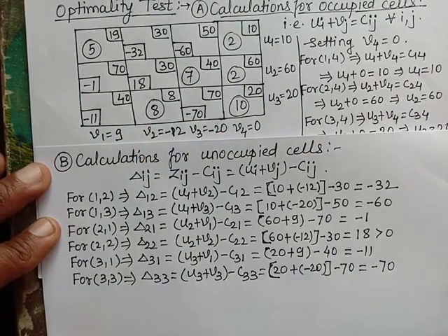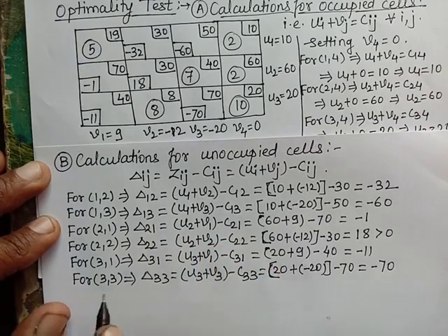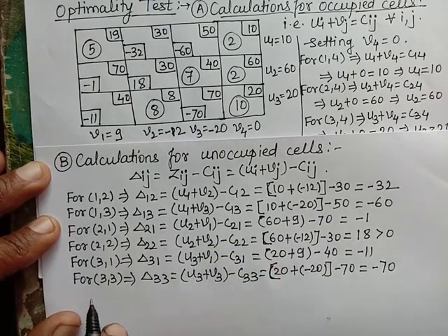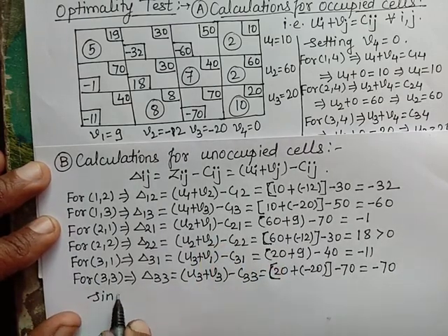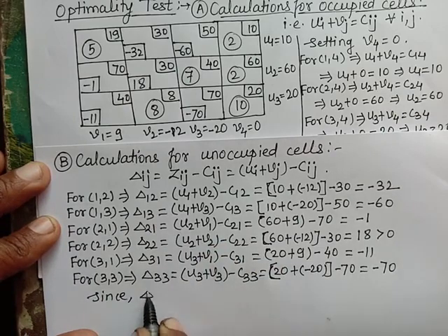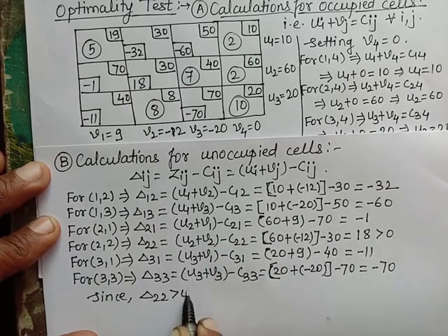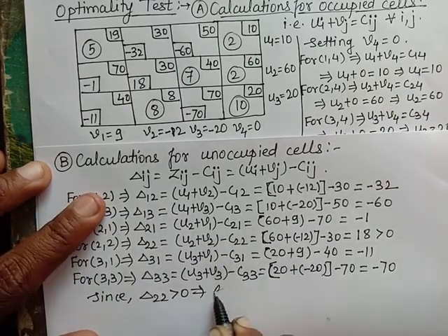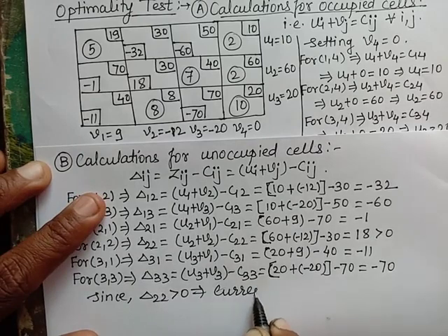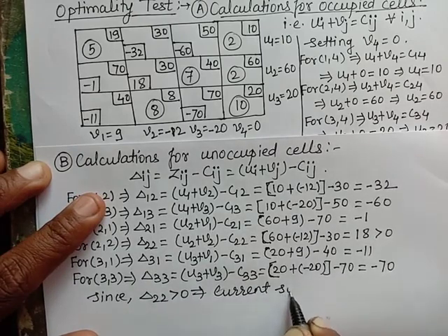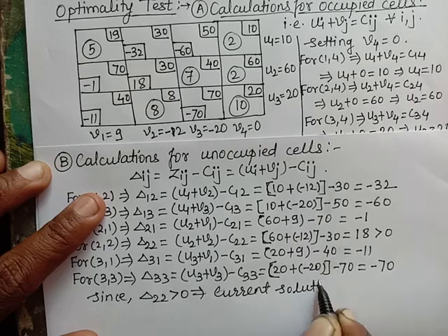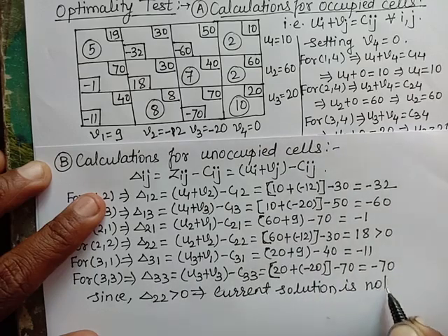Okay, now we will write the theoretical part for further calculations. Since delta 22 is greater than 0, it implies the current solution is not optimal.